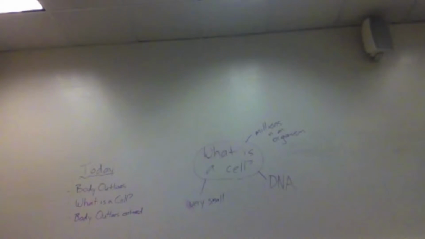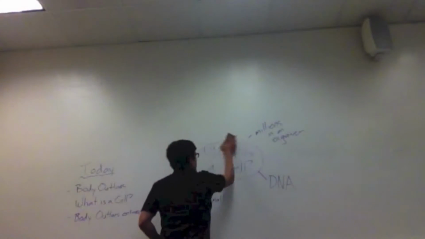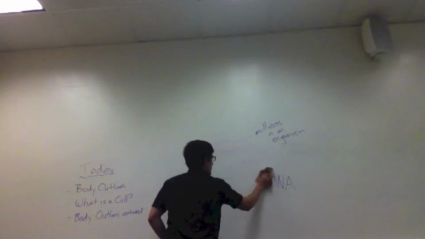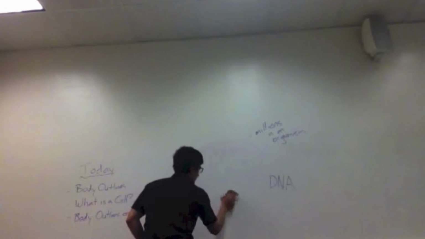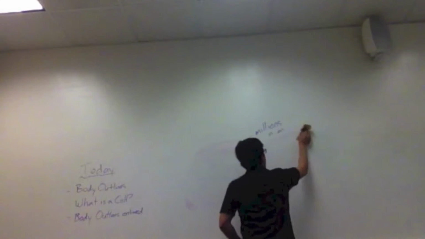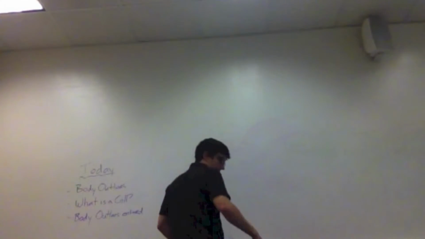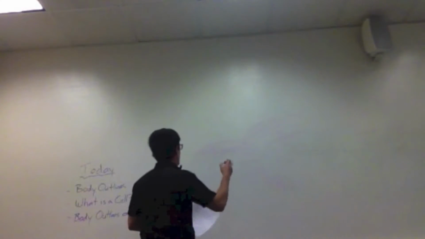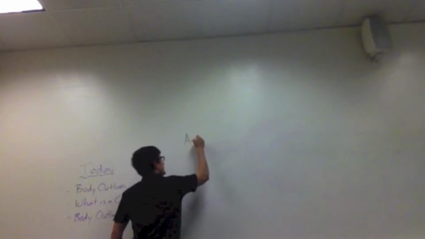So what we're going to do, I want you guys to take out a piece of notebook paper, and I want you to draw a line down the middle and label one side up in the corner animal cell and one side plant cell.